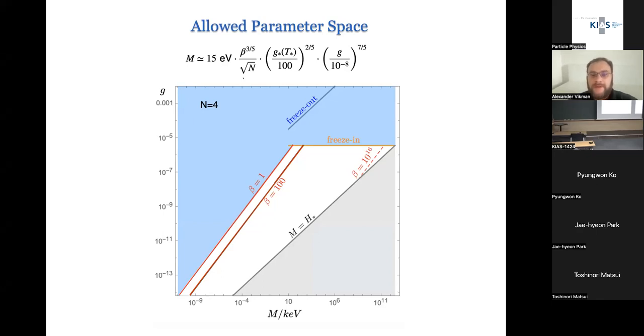So this is a really huge chunk of parameter space. As you see, the freeze-in mechanism would be just a line there, okay? And here we are going orders and orders of magnitude below that.